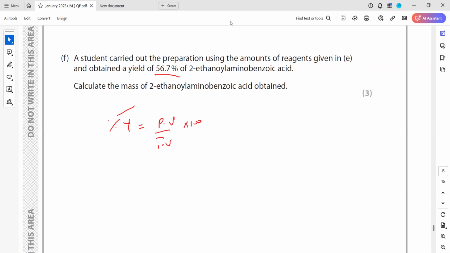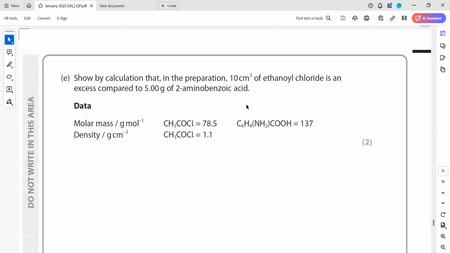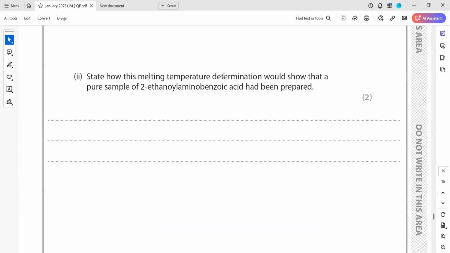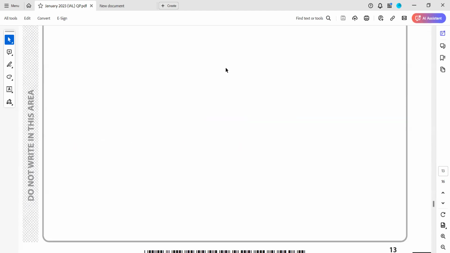And the amount of the product which we obtain will be the practical value which we need. The theoretical value we can work out from the limiting reagent. Like we worked out the moles of the limiting factor, which was 2-aminobenzoic acid. And what is the ratio between 2-aminobenzoic acid and the product?